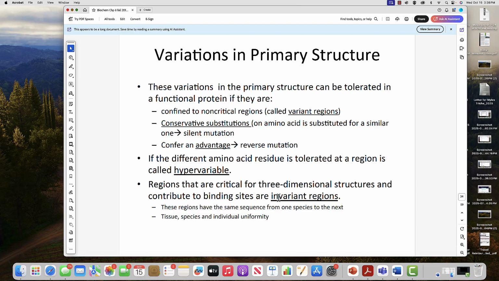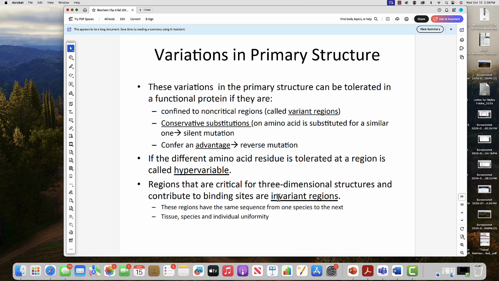If a mutation occurred in a conserved, or critical, region, that would change the function of the protein and can potentially induce a disease or be the cause for a disease.